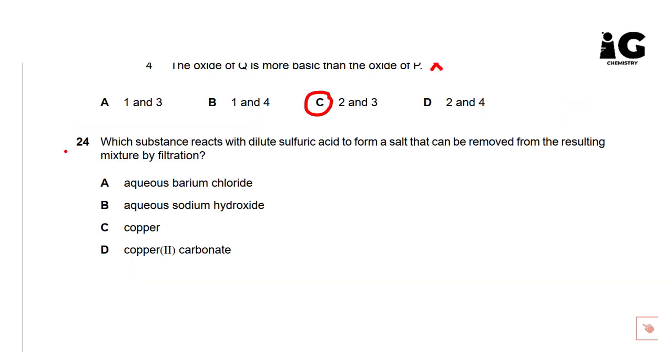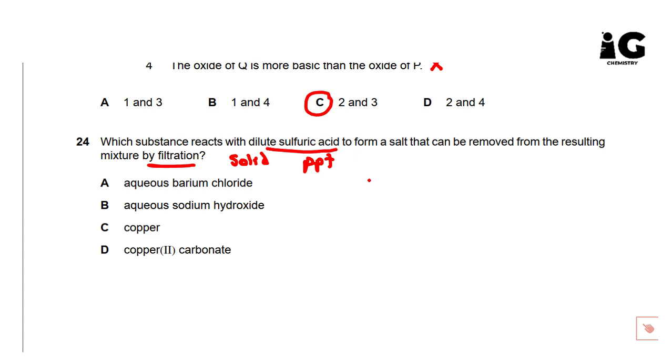Okay. 24. Which substance reacted with dilute sulfuric acid to form a salt that can be removed from the resulting mixture by filtration? Filtration means it's a residue, or a solid, or we could say it's a precipitate. Again, this is dilute sulfuric acid, so we have sulfate.